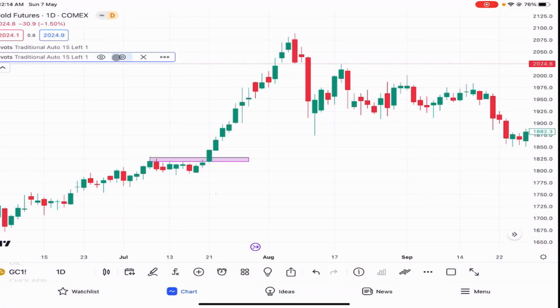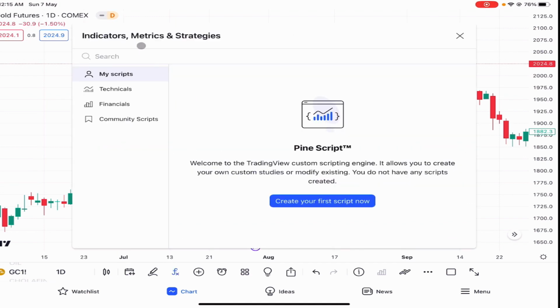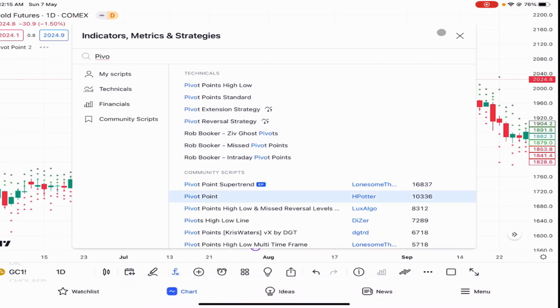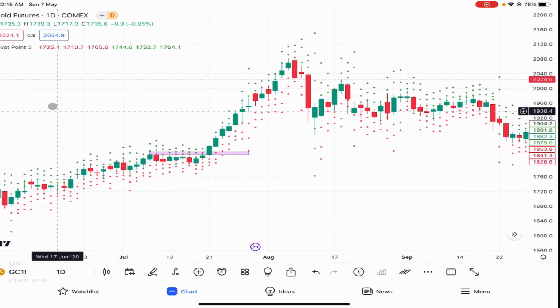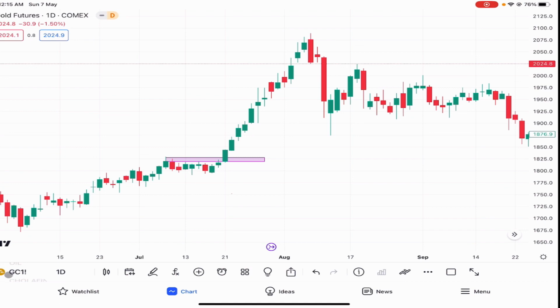No, my pivot points isn't working in gold. I don't know why. Let's just try it for the last time, otherwise we'll go to some other stock. Nah. Okay, I'll just take another stock then.